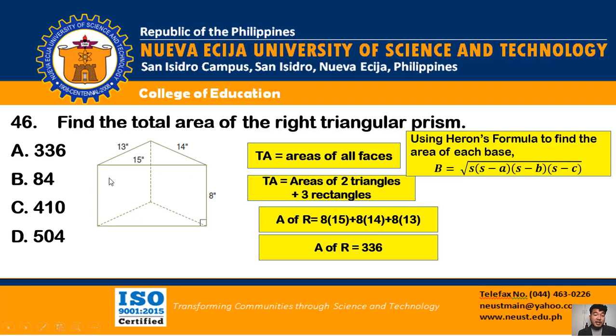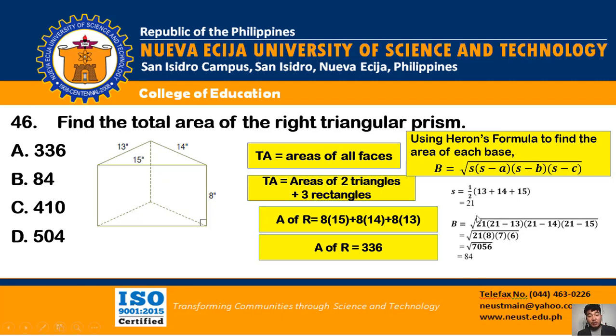And then to solve for the area of the triangle, take note that these two triangles are congruent, so we have to solve for the area of one of the triangles, then just multiply it by 2 afterwards. Using Heron's formula to find the area of each base, where S is equal to 1/2 of the sum of the three sides, and that is equal to 21.